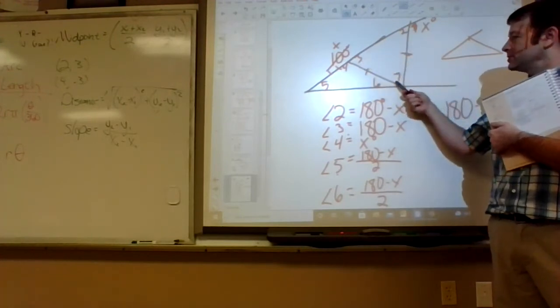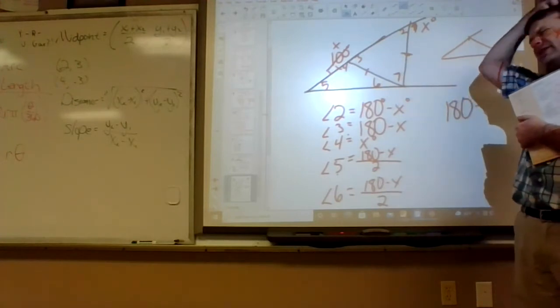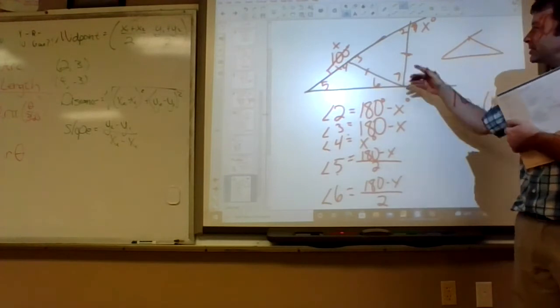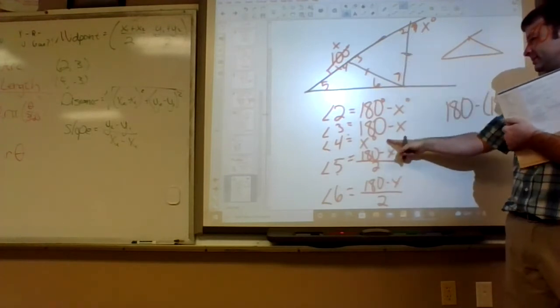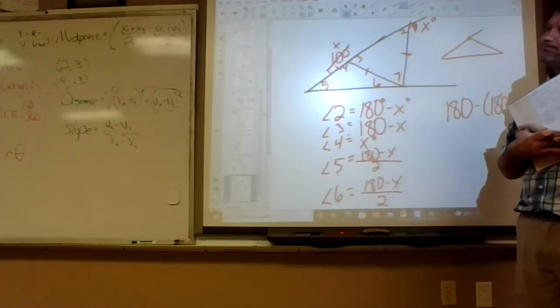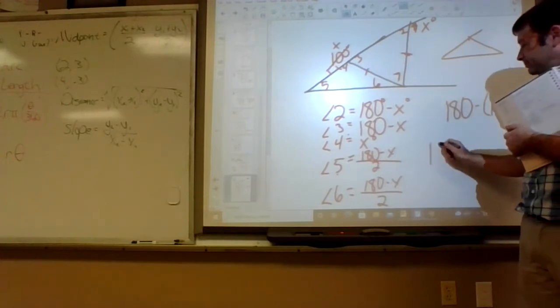To get this, because it's the third angle in the triangle. That's one way to do it. There's another way that's probably easier to do, but harder to understand. So we'll do it that way. What are 2 and 3? 180 minus x. Okay, let's do it.